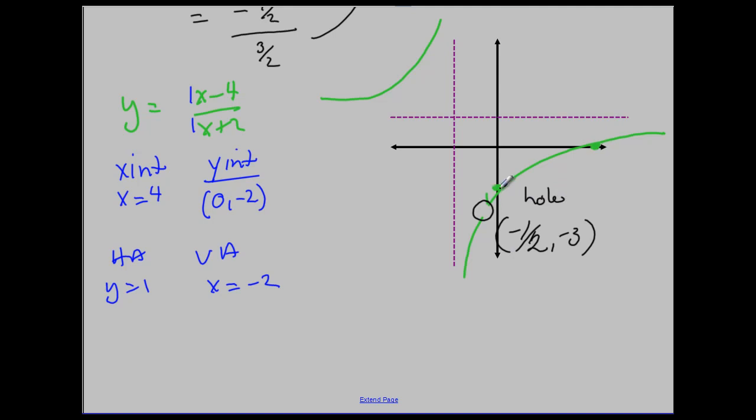Label the rest of my points, so that was 0 and -2 and 4 and 0. This was y is equal to 1. This was x is equal to -2. Make sure all of our axes are labeled, and we have now sketched the graph with the hole.